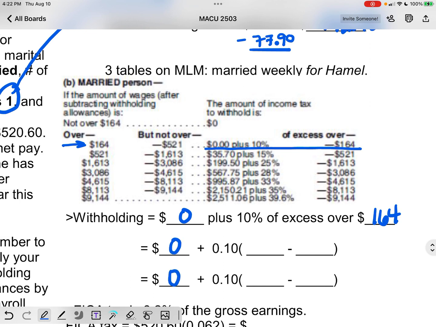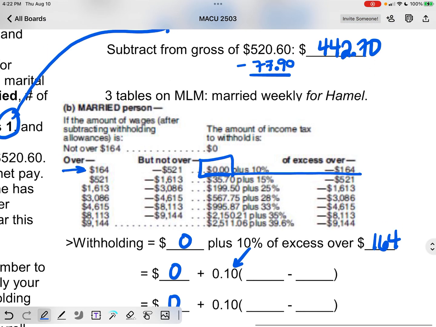From there, you're really just pulling your numbers. I know each of these are going to be zeros right here. I went ahead and put 10% in as a decimal. Your excess means to subtract. So go to this number, because your allowances are set aside. We don't touch the allowance. That's saved for the kid.